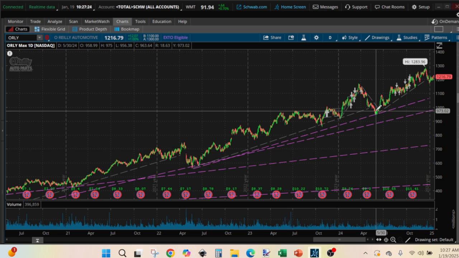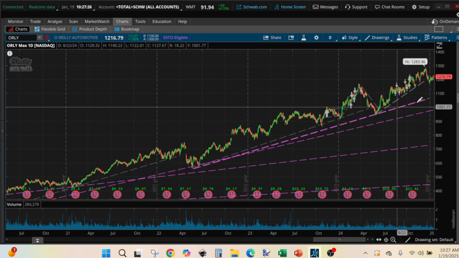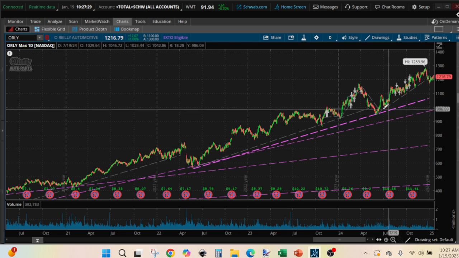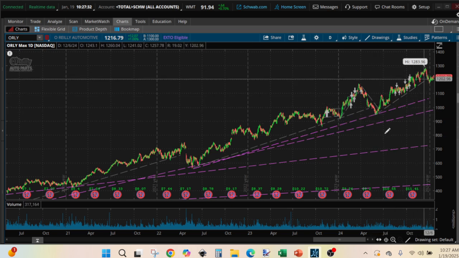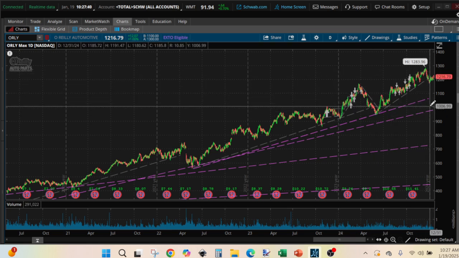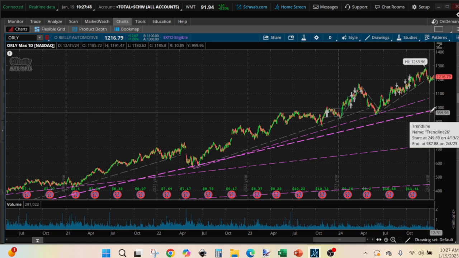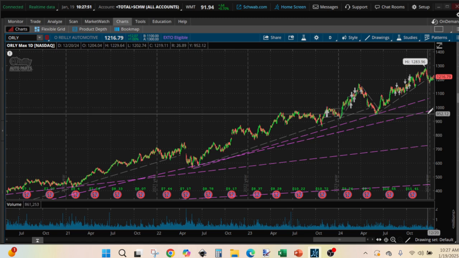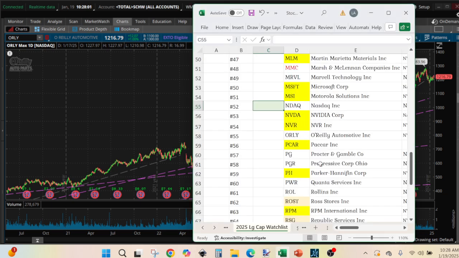It took a while to touch base with the low trend line. So that's why when it's now off of it, I prefer not to follow it again like I did in 2024, but just wait for it to come back down. So touch base with this one, but that is not too far from this one, so I just prefer to wait. And yeah, buy at the purple trend, at any one of those purple trend lines.